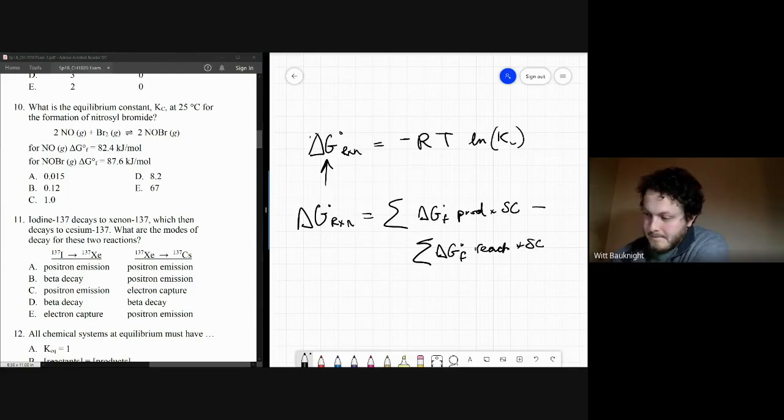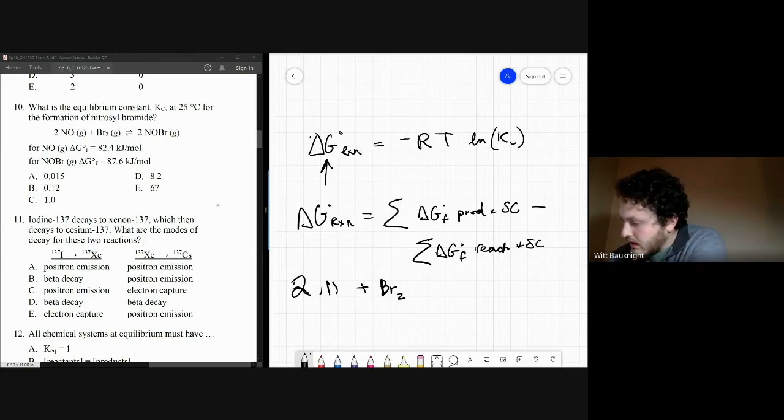So we have 2NO plus Br2 is in equilibrium with 2NOBr.